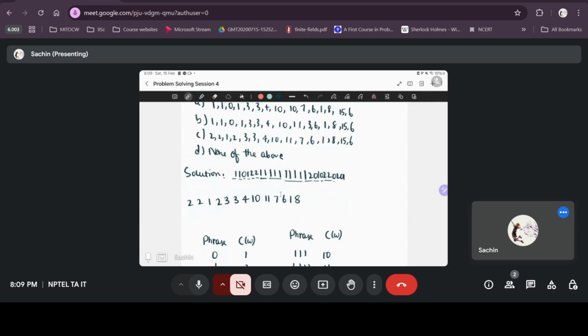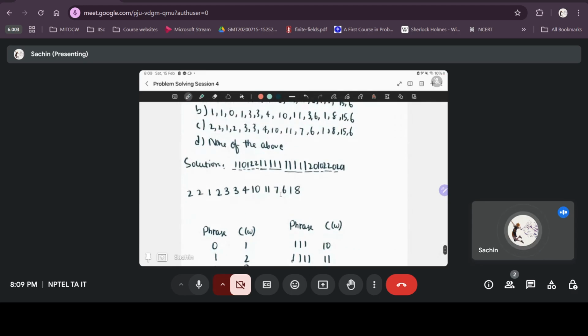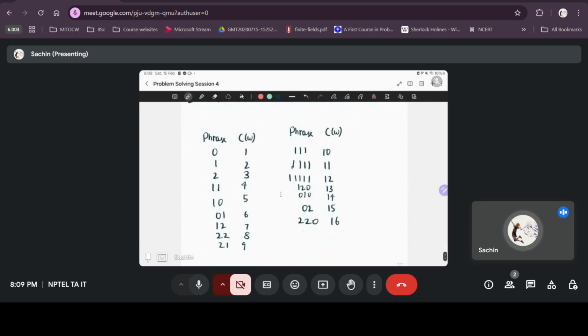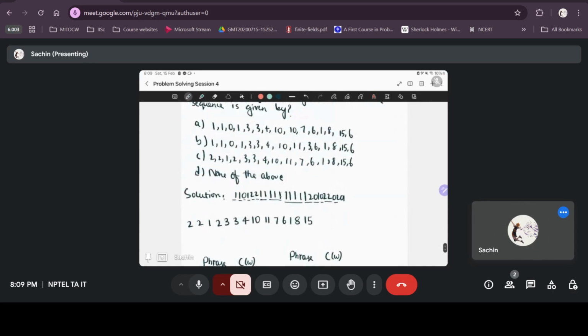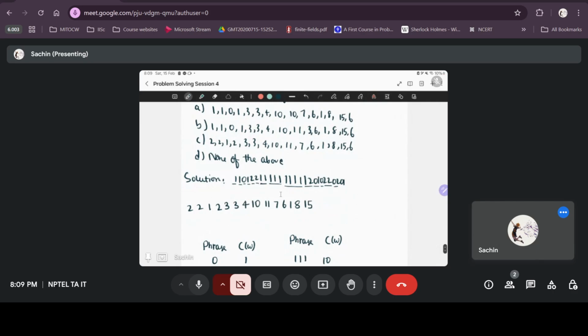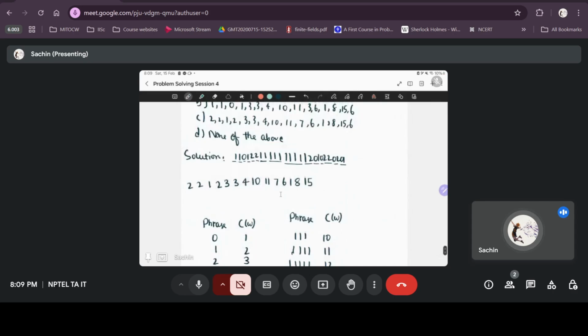Then 0 2 is the 15th code word. 0 2 0 is not in the code word list, so you have to add 0 2 0 as the 17th code word. 0 1 is code word number 6.